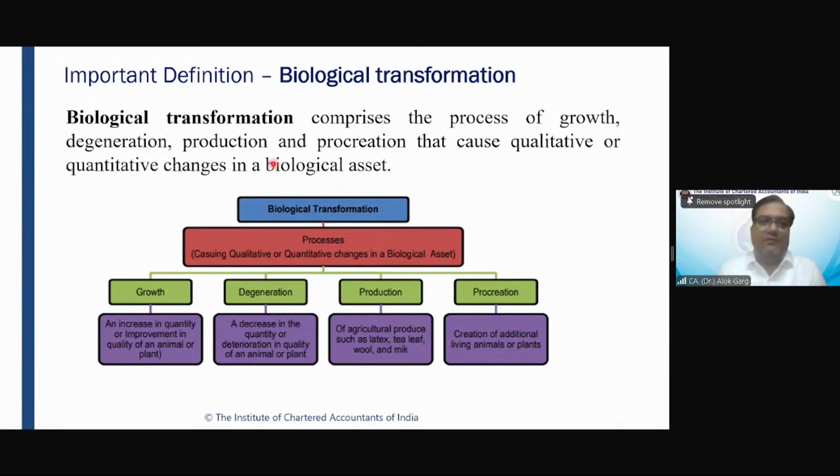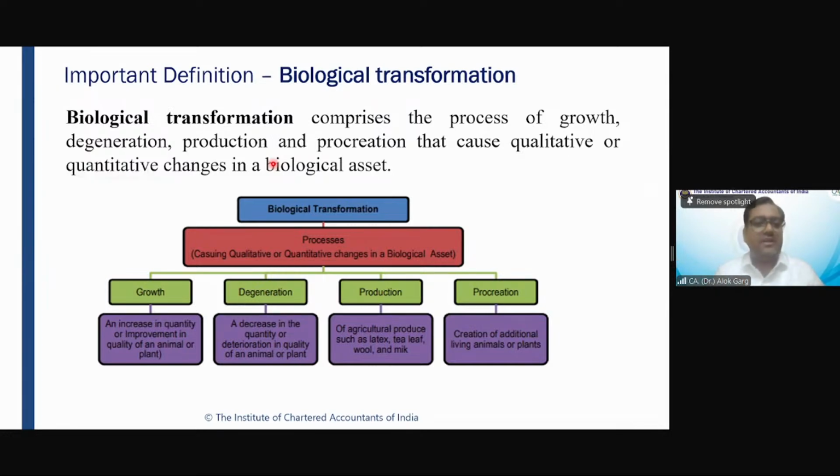Biological transformation. You will hear the term biological transformation. What is meant by biological transformation? Biological transformation includes the process of growth, degeneration, production, procreation, which cause qualitative or quantitative changes in the biological asset. When you grow older, for example, from kid, infant, toddler, teenager to adult, this is a process of growth where there are qualitative changes in the body.